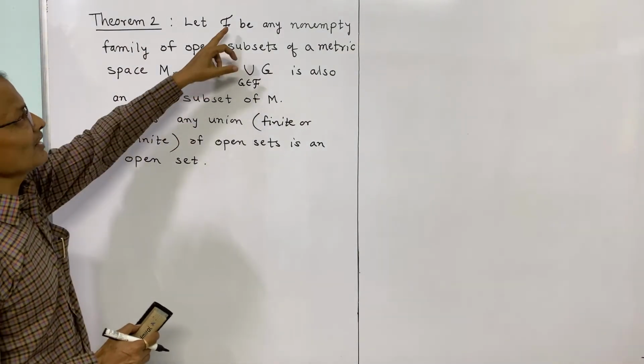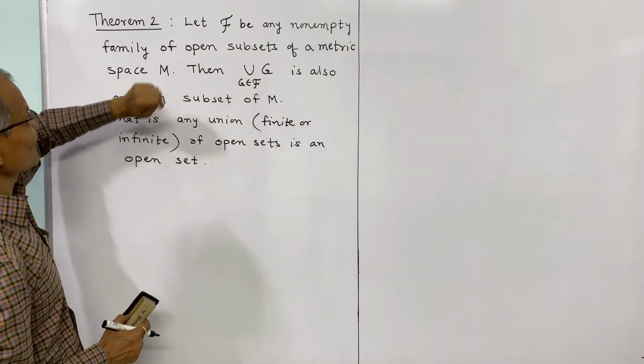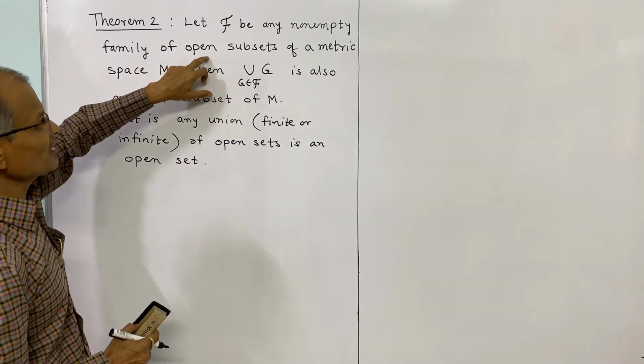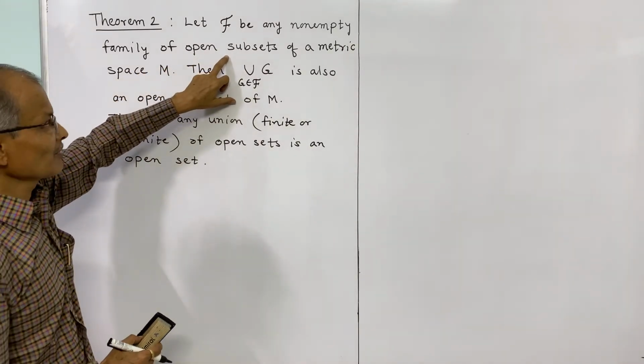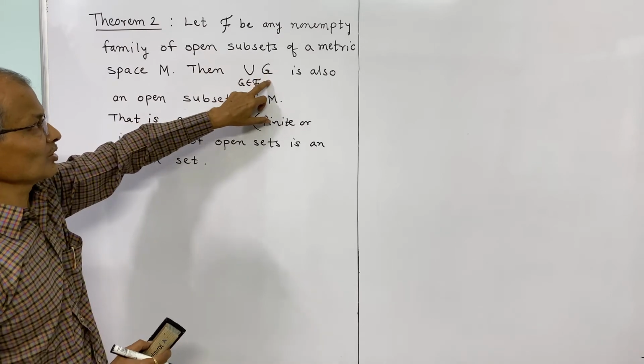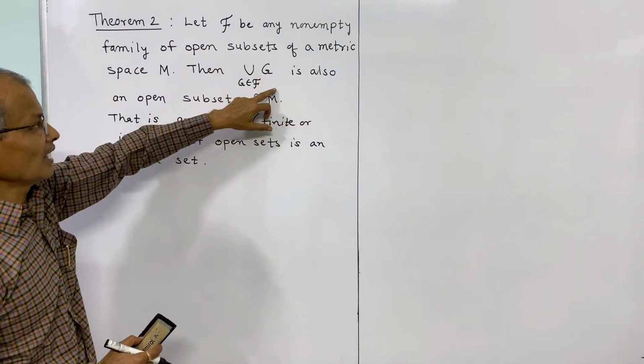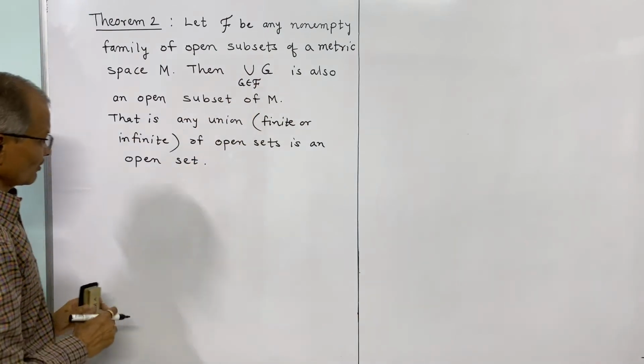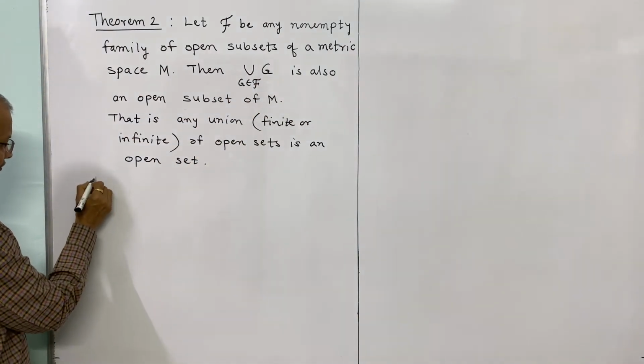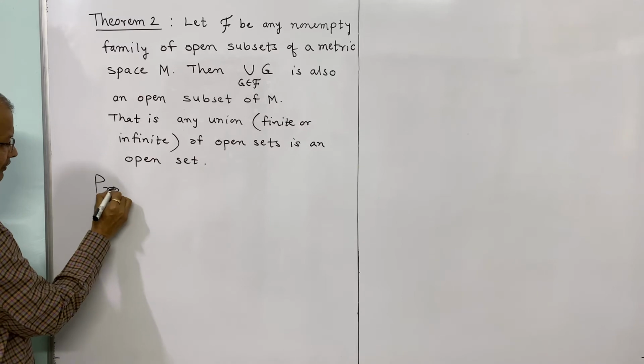Here F is a family of open subsets of the metric space, and we are considering the union of that collection, which we have to prove is also open. Now we shall consider the proof.